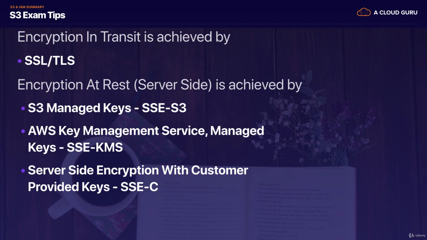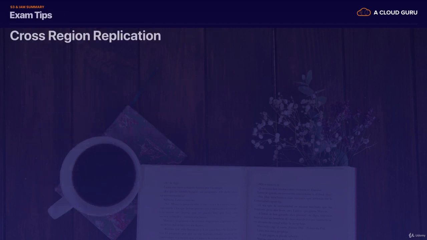And then we've got server-side encryption with customer-provided keys. So this is where you provide your keys and you manage the encryption and the actual maintenance of those keys. And then we also have client-side encryption. So this is where you encrypt the objects and then you upload them to S3. So that is encryption with S3 on AWS.